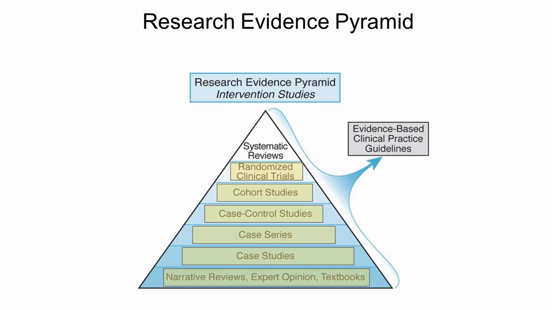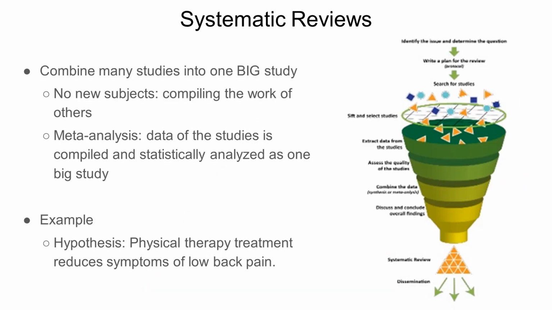Now let's finish up and talk about systematic review. A systematic review is a large study that combines many other individual manuscripts or works. A systematic review is simply one large study where the authors have combed through the research literature via databases, which we'll talk about a whole lot later on.